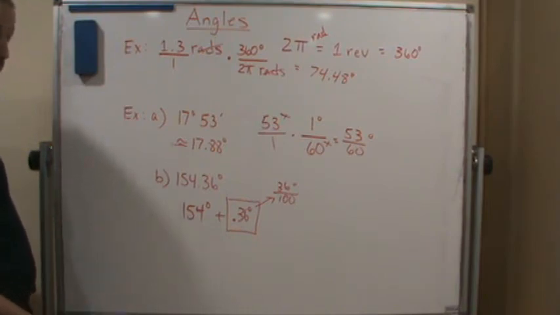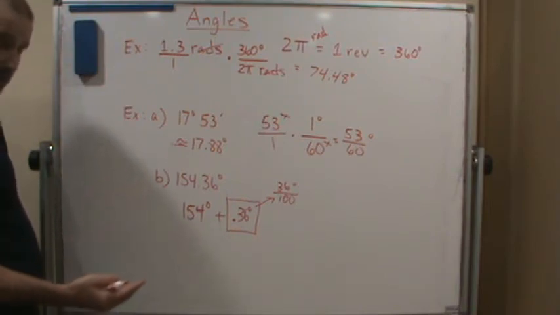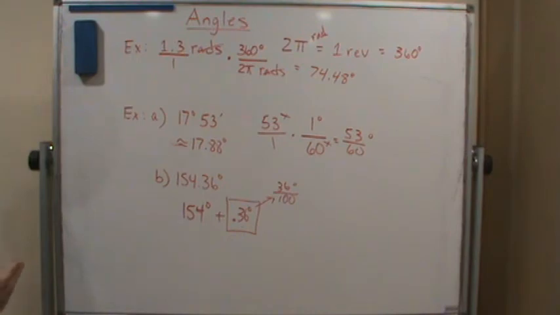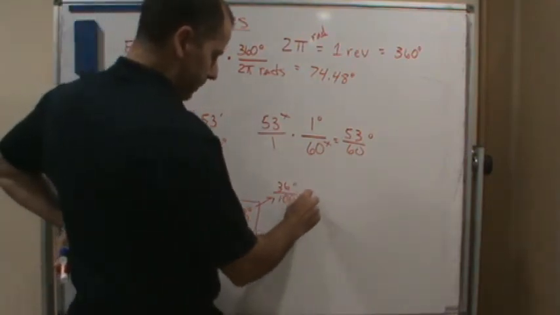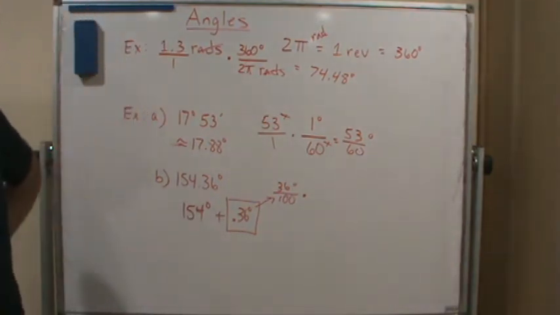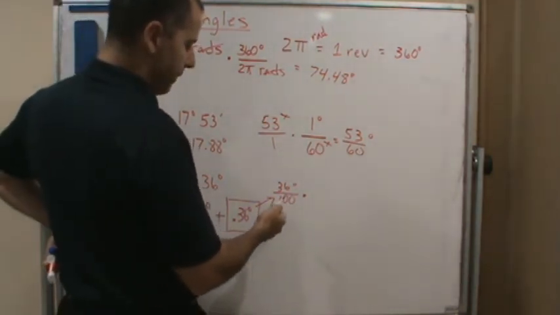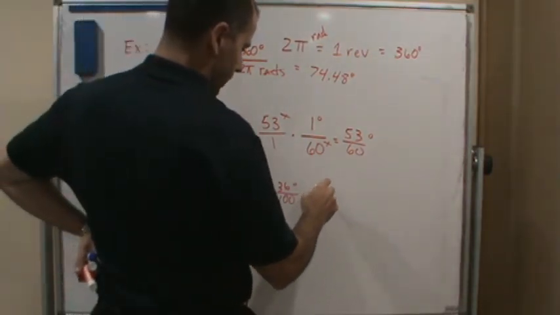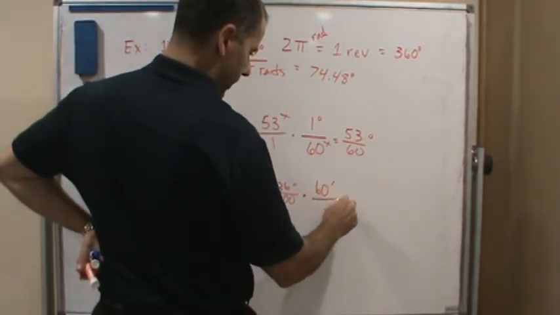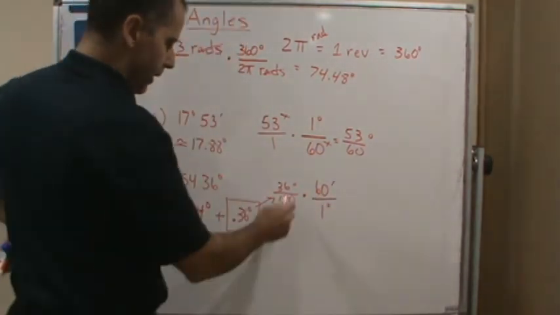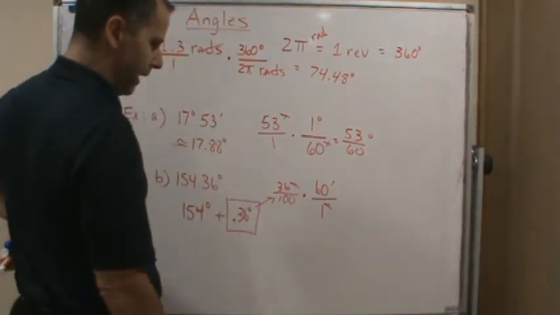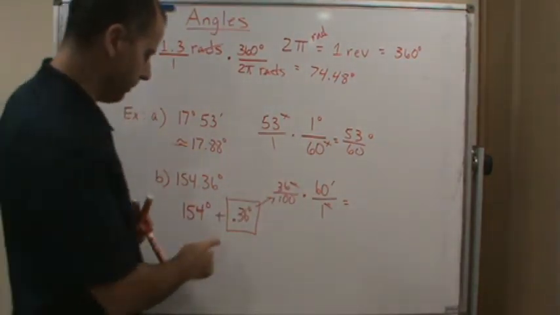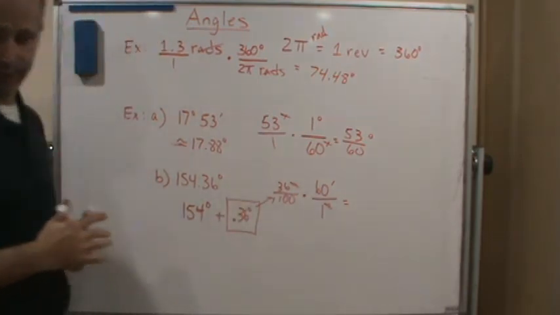Now, what I want to do is convert this to minutes. How do I convert this to minutes? By using the unit ratio, the same one. But this time I want minutes on top. So 60 minutes equals 1 degree. Now I've got degrees on top that cancel with degrees on the bottom, and now I just multiply. I could have done it with the 0.36 here too; it doesn't matter.